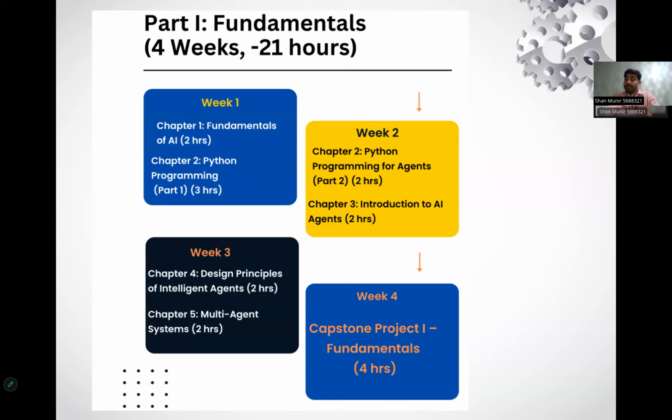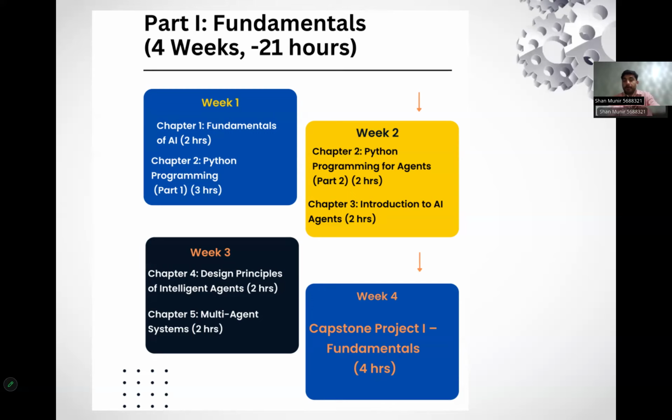Basically, what is the multi-agent system? How the agents communicate with each other and how they provide us comprehensive solutions to our problem will be the main area of the topic in week 3.